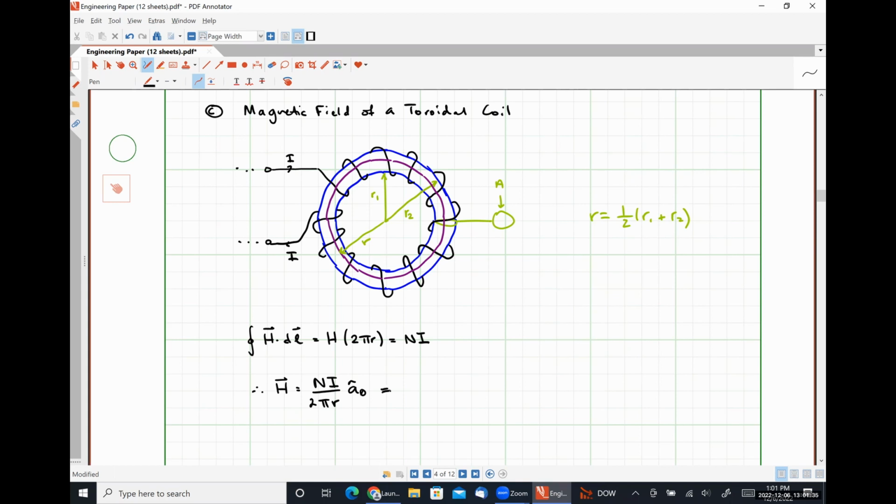And going a little bit further, we can call this Ni over L, also in the theta direction, where this L here represents the average length of the flux path.